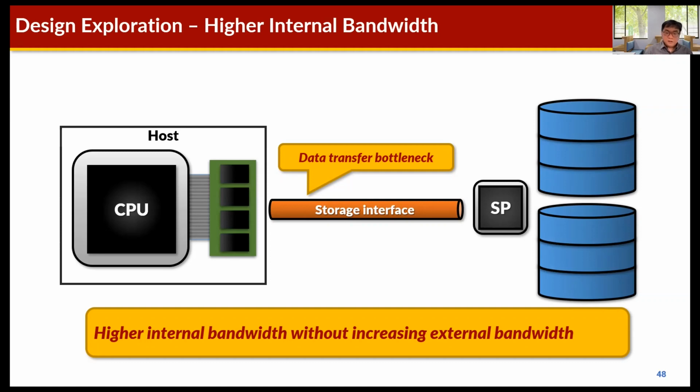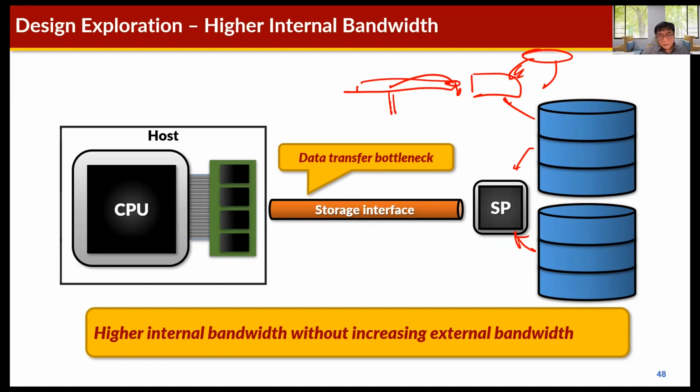So if we increase the internal bandwidth, more data can be given to this SSD processor, the data size is reduced, and then this data is just given to the storage interfaces. That means the storage interfaces are occupied by a small amount of data, but inside of the SSD, a large amount of data is processed by storage processors.